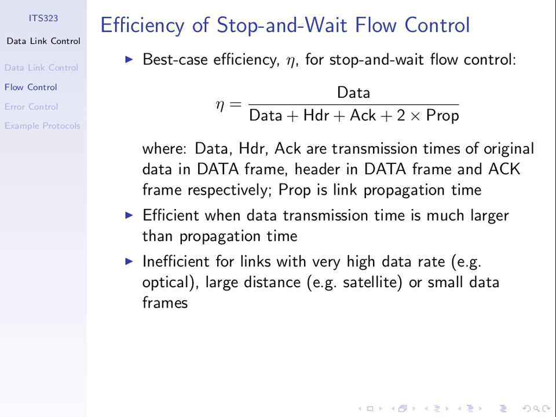Increase the link distance, efficiency goes down. Decrease the frame size, efficiency goes down. Increase the data rate, efficiency goes down. And therefore it gives an indicator of when it's useful for different types of links. Not so good for optical links, not so good for satellite links, because it's inefficient in those cases.